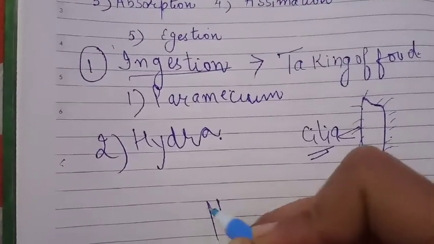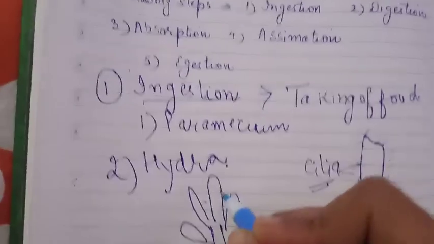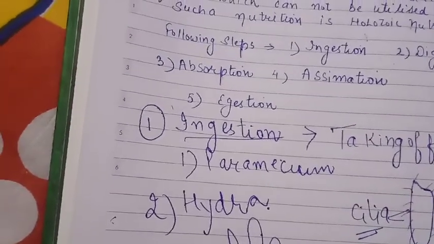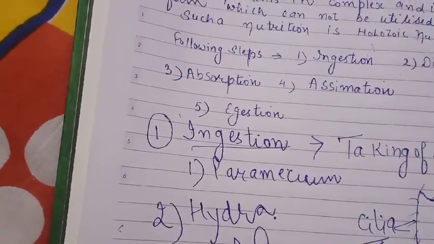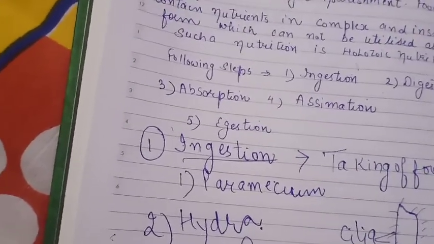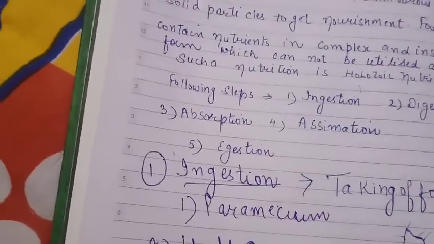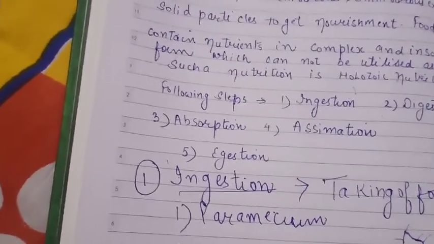This is the body of a hydra. Some aquatic animals get entangled in the tentacles and are killed by them, and the tentacles then push them towards its mouth.